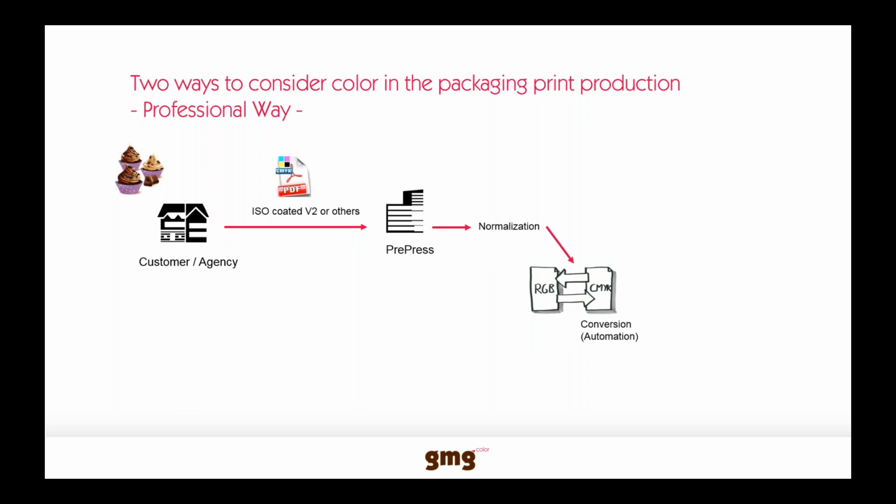They send the file again to the prepress, and firstly there is a normalization, where the PDF could have different kinds of color conversions and profiles in it, and you want to normalize to ISO Coated v2 or to other standards, and then a conversion is done.